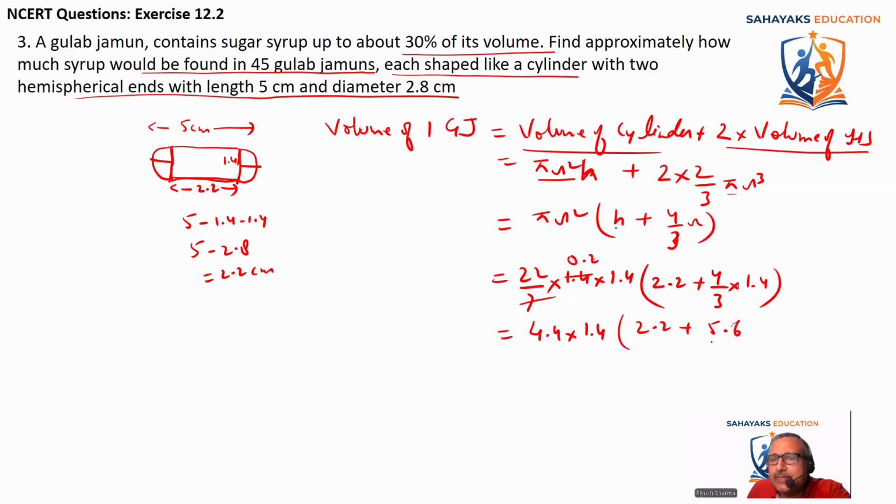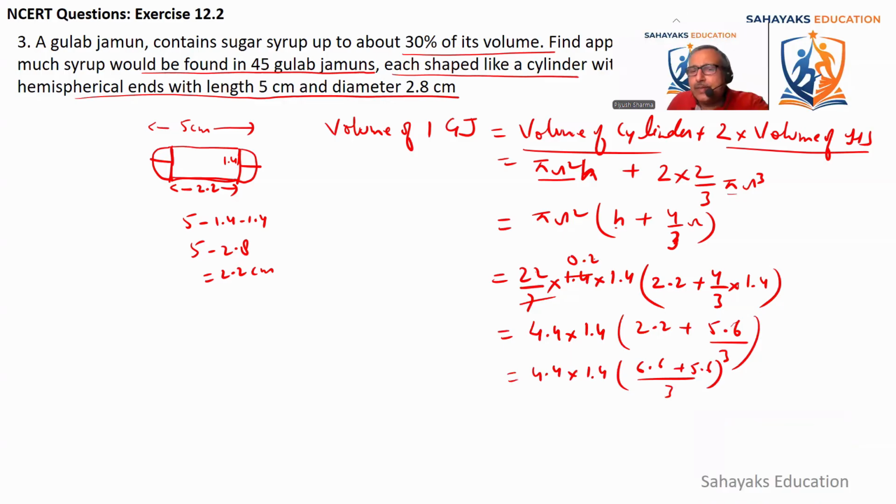How am I making mistakes? Divided by 3. So it comes out to be 4.4 into 1.4. It comes out to be 6.6 plus 5.6 divided by 3.